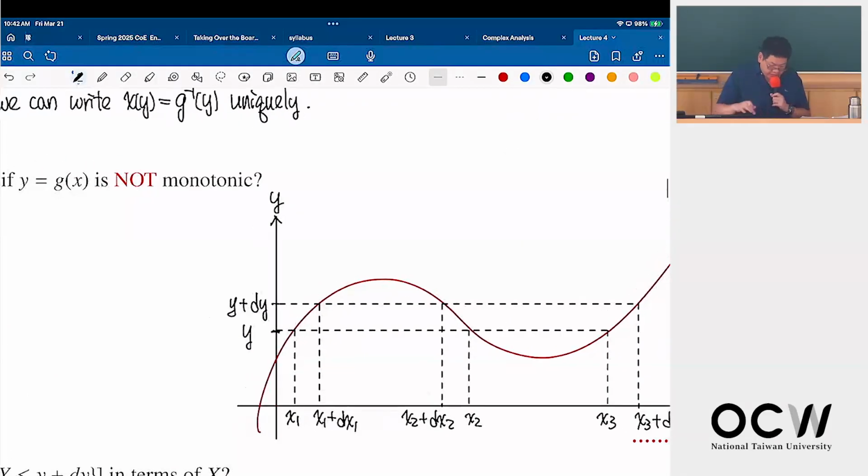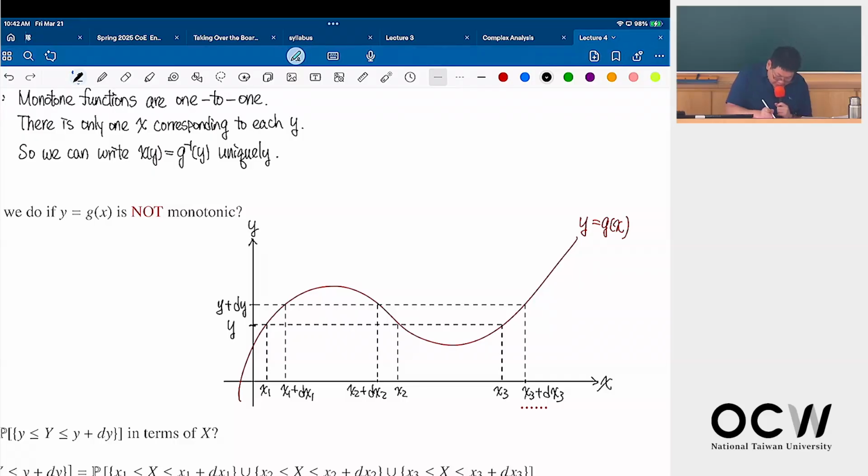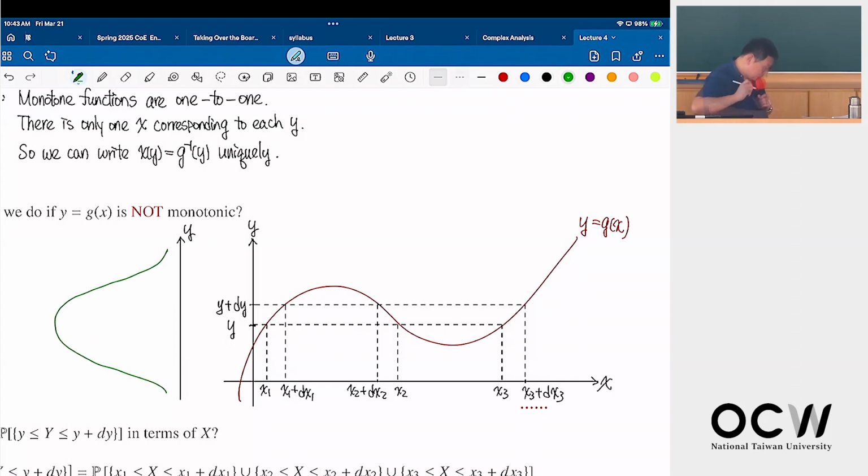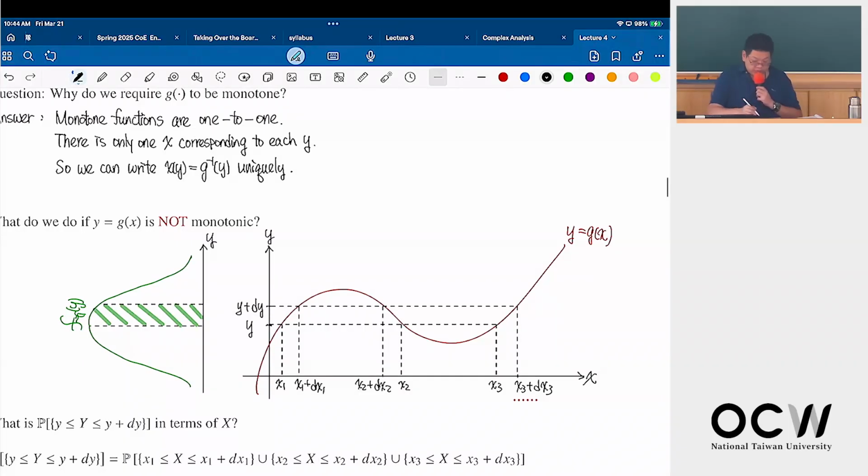If I plot y only, this y, we can map this y.